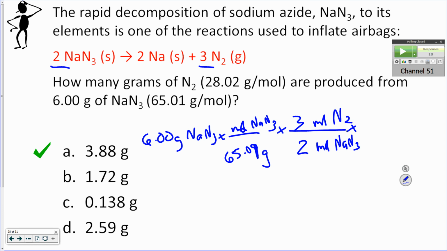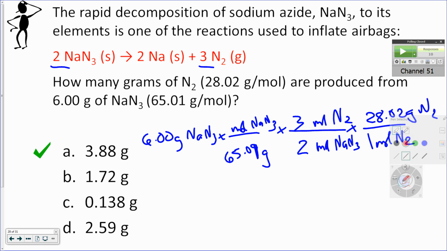Now that gives me moles of nitrogen gas. 1 mole of nitrogen gas weighs 28. It's looking for grams of N2. If I just do my dimensional analysis, see if I've got things set up right, grams of sodium azide cancel out, moles of sodium azide cancel out, moles of nitrogen cancel out.